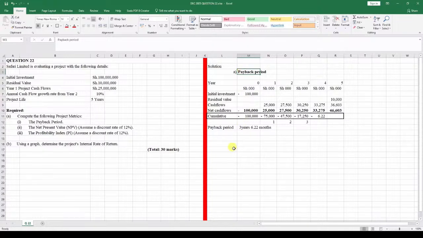So we can move ahead to part B, the question over here. And part B, we can just go down right here. B. It's a similar format. We are looking for the net present value right here at a discount rate of 12%. So net present value.